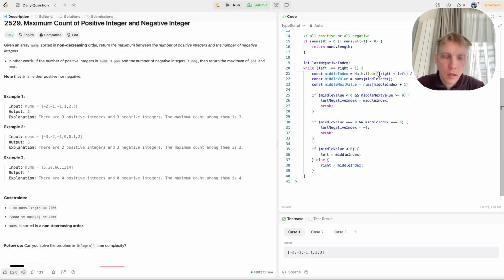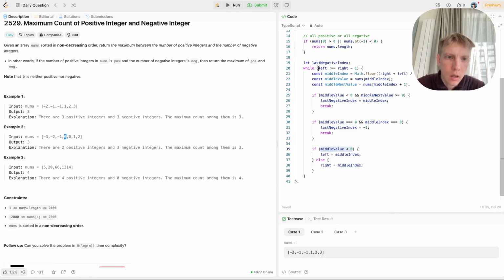6 divided by 2 would be 3. 3 not satisfied. This condition is not met. Middle value less than 0, not met. It would be here, right would be moved to 3.